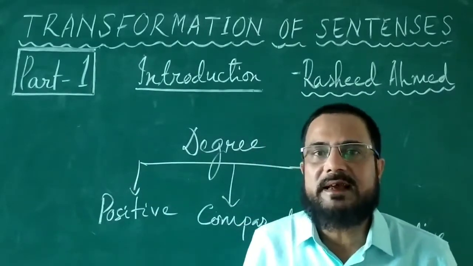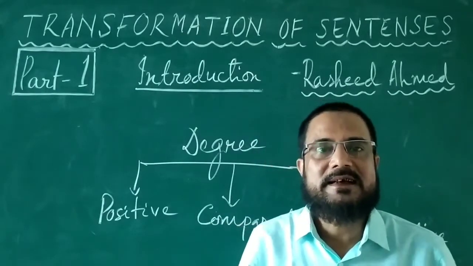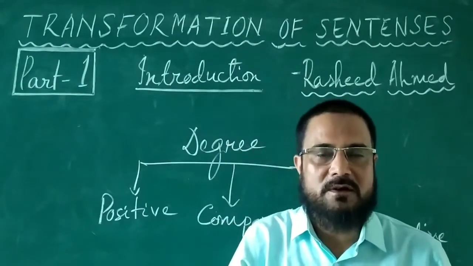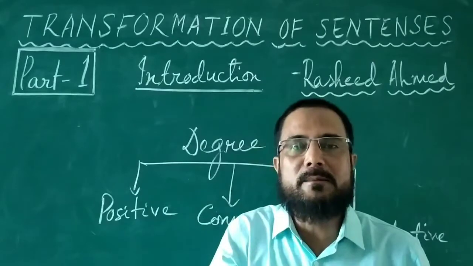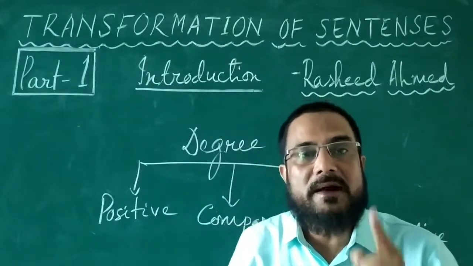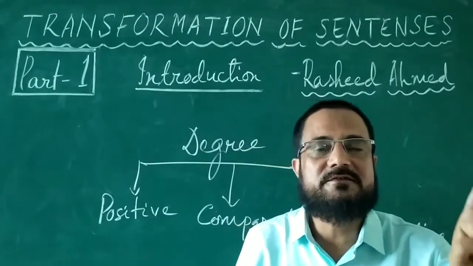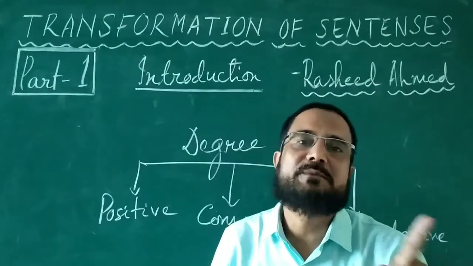But the moment you say he is taller than his brother, here you mean to say that his brother is tall, he is also tall. The quality of being tall is there in both him as well as in his brother, but the quality of being tall in his personality, in his feature, in his body is more than it is there in his brother.